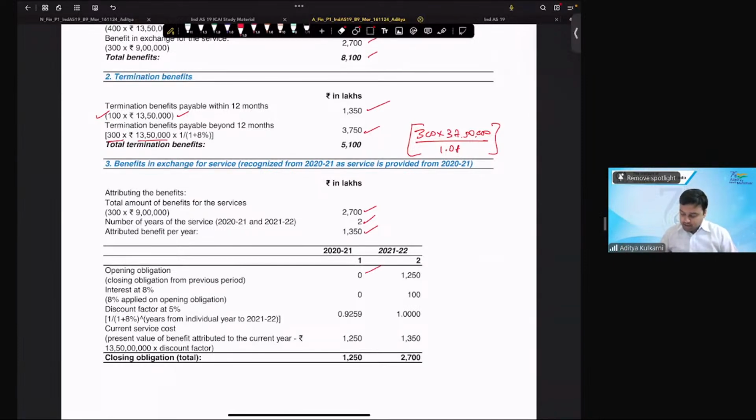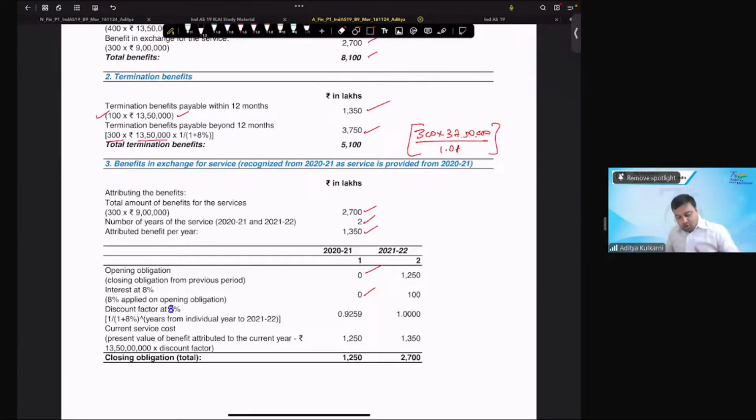All right. Now, this build up is what we are going to calculate, which is a regular calculation. Opening obligation 0, interest at 8%, obviously 0, discounting factor at 1 second. This should be 8%. Okay. Calculation is correct. Only thing is, what is written there is wrong. Okay. 1 divided by 1.08.